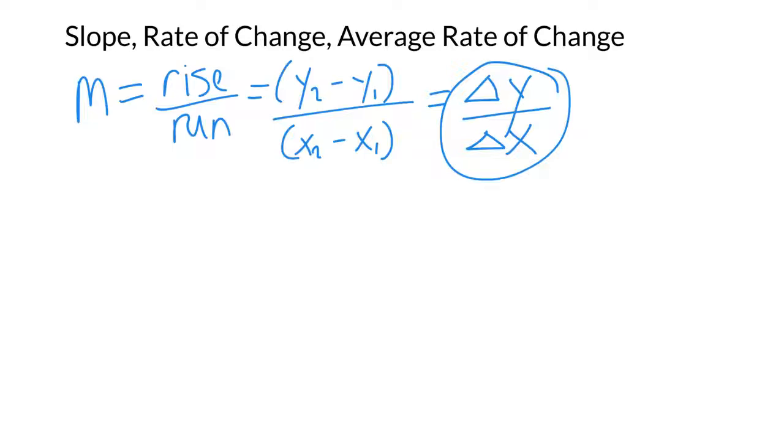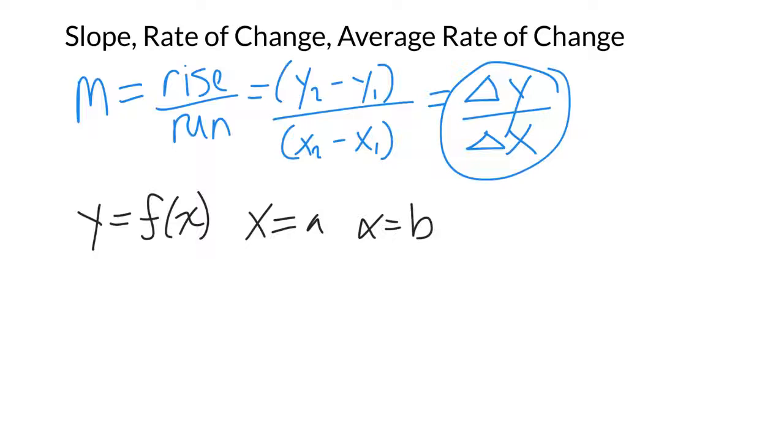We're also going to work with something called average rate of change. Our formula for the average rate of change would be, if we have a function y equals f of x, and we are looking at the interval between x equals a and x equals b, and we know that a cannot be equal to b, otherwise we wouldn't have an interval to work with.